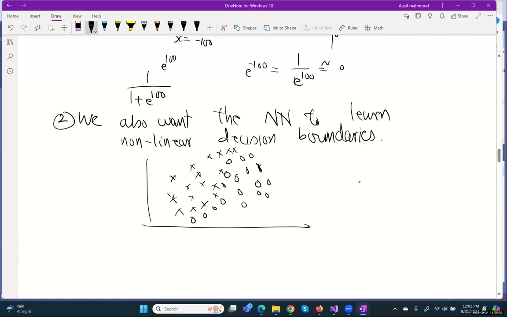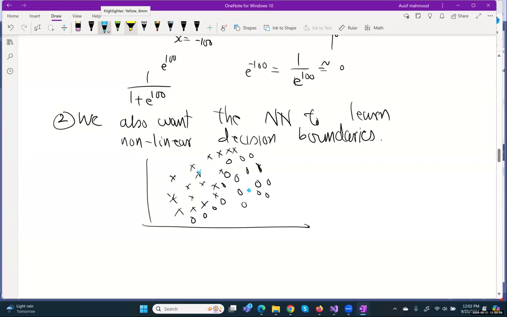So the goal is, given an unknown point, suppose this is our training data, so some XY coordinate for each point is given. If it is in the region where you see X's, our neural network should classify it as belonging to the X category. If the unknown point is somewhere over here, it should indicate it belongs to the O category.